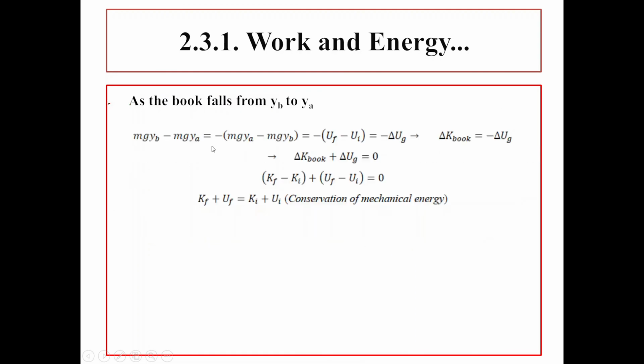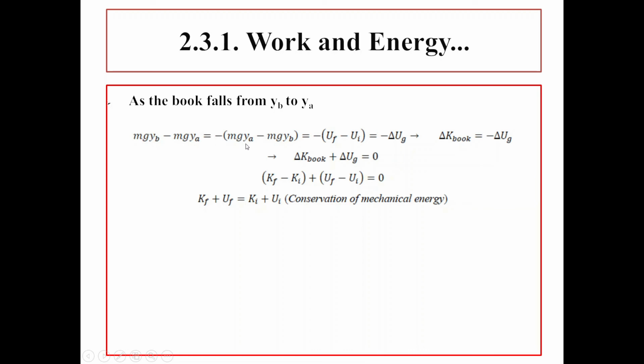As the book falls from y_b to y_a, we have mg y_b minus mg y_a equal to this value. Take minus outside, and this becomes minus, this becomes plus. When you use minus outside, the y_a becomes plus, but the coefficient of y_b becomes minus because we have minus outside.